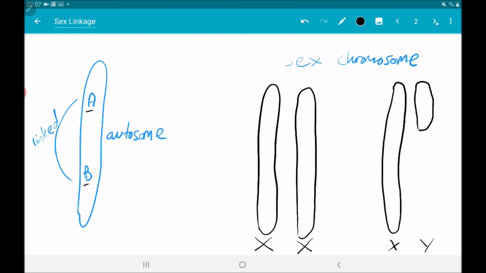Okay, now you will also know that the Y chromosome is smaller than the X chromosome, and this is why we need to look at sex linkage, because there is a mismatch in size between X and Y and between W and Z and all the other sex chromosomes as well.